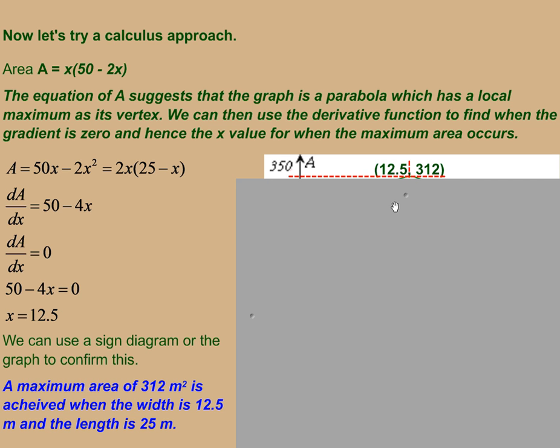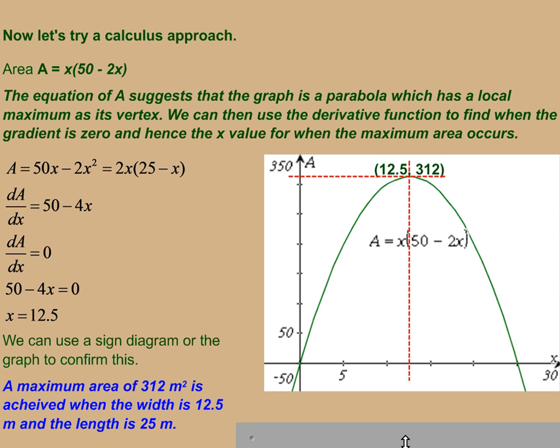If I look over here at our graph now, like we said, it's an inverted parabola, and the turning point, the stationary point, is occurring when x is equal to 12.5. Here it is down here. You can see the scale is 5, 10, 15, 20, 25.